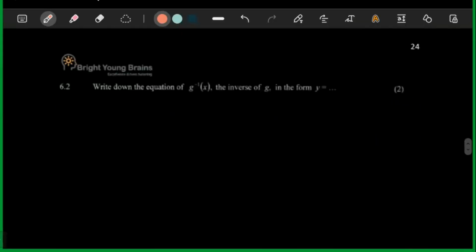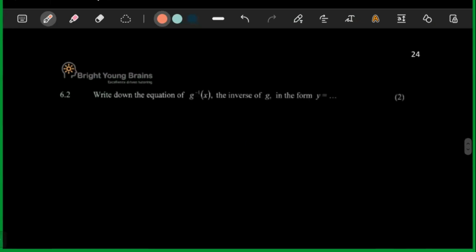So we have here 6.2. 6.2 says the following. Write down the equation of the inverse in the form y. So I feel like we already answered this question, but we might as well. This is what we look at it as, right?